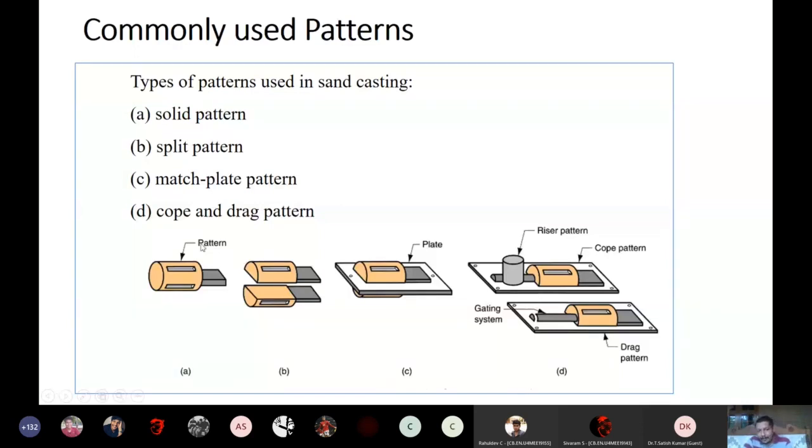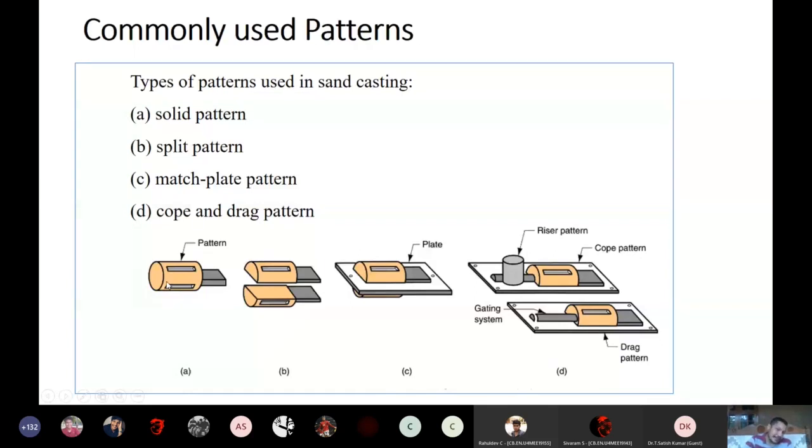Normally, if I'm going for a shape like this, to accommodate this shape in one box is not easy. I can accommodate it and fill the sand. But if I want to get a mold cavity while removing this shape of pattern, definitely the side walls of my mold will get damaged.